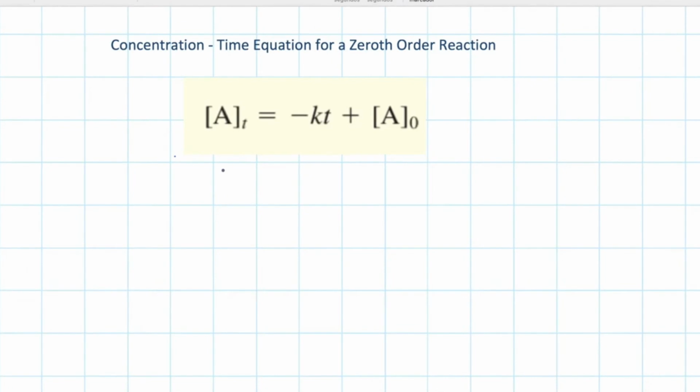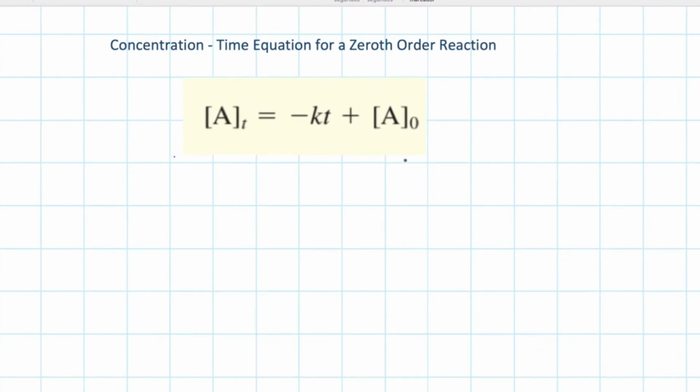As you may recall, we have the current concentration on our left side, and then we have K, which is our reaction constant, and then we have T, which is our time, plus the initial concentration. So let's go ahead and move the initial concentration towards the left side.